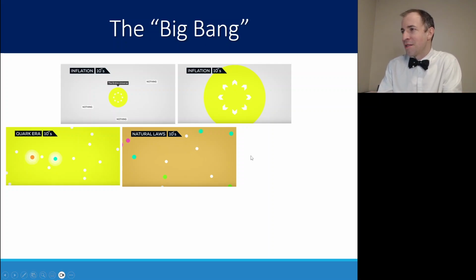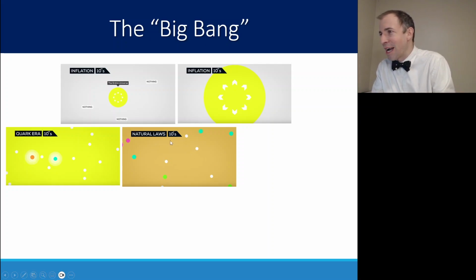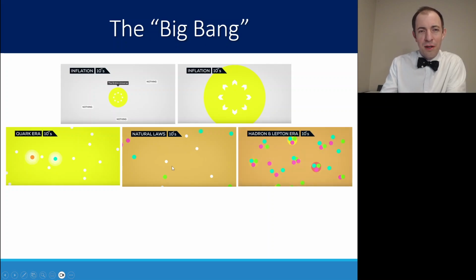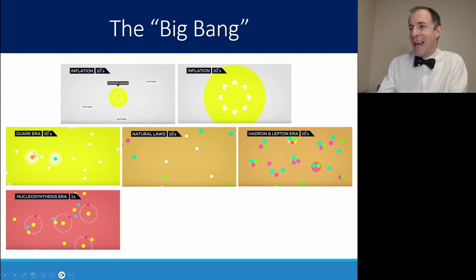The natural laws form in still a tiny fraction of a second. This is less than a billionth of 1 second, that these natural laws that we are familiar with start to form, and then create hadrons and leptons. So this is when matter as we know it, these subatomic particles start to form, things like protons and neutrons and electrons. Then those protons and neutrons, at about 1 second, start to form the first atoms.